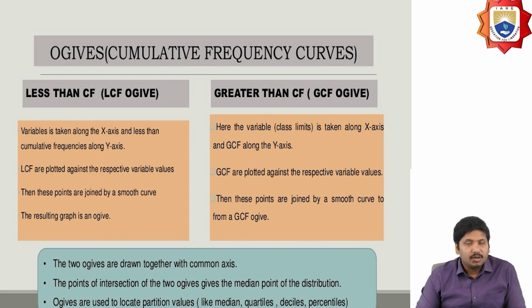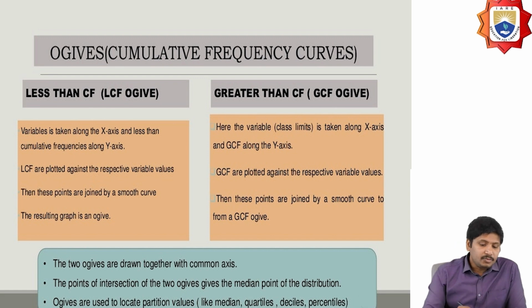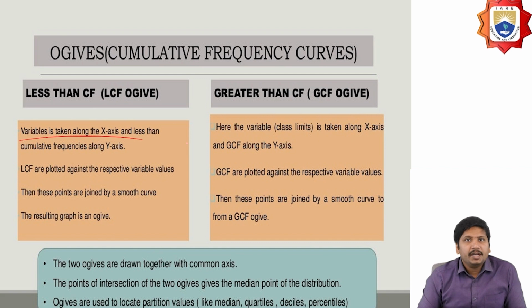For the less than ogive, the variables are taken along the x-axis and the less than cumulative frequencies along the y-axis.